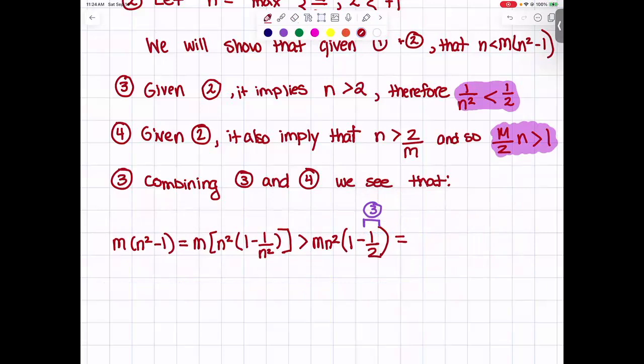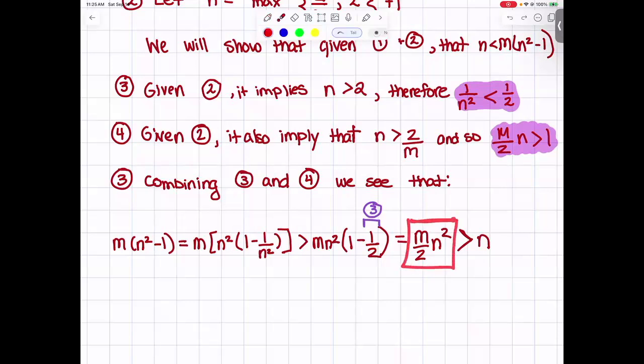equal to m over 2 n squared, which is greater than n. In order to get to this value here, I better do this with the laser pointer.